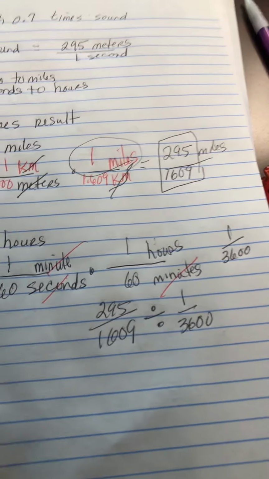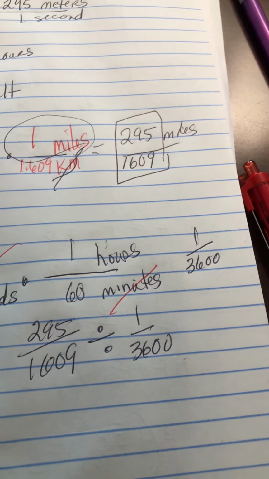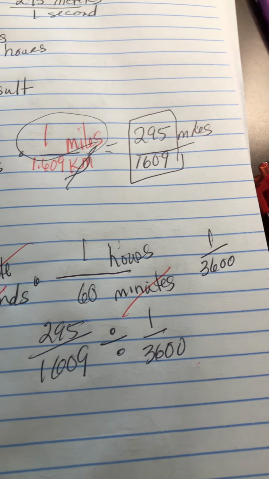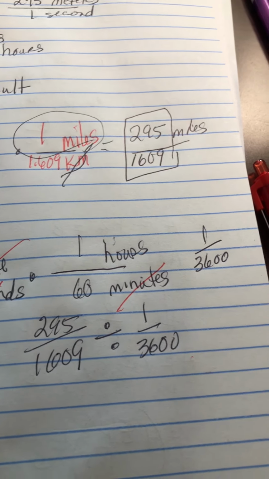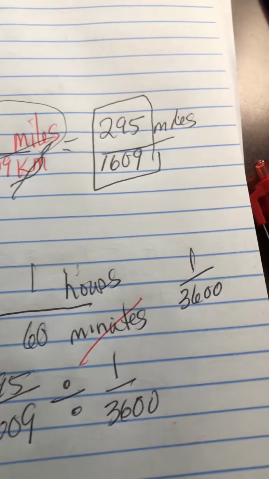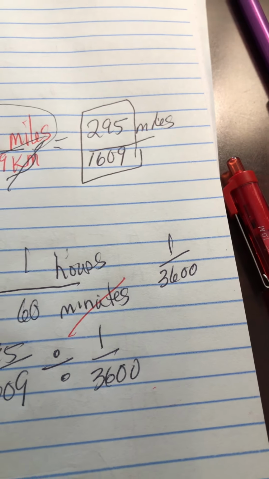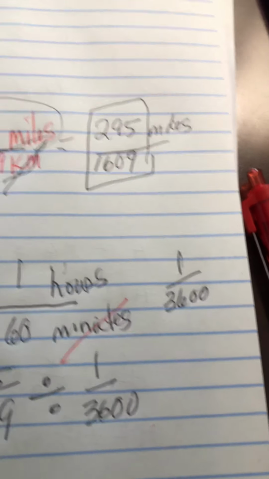Let me put that in my calculator: 295 over 1609 divided by 1 over 3600, which is the same as multiplying by 3600, by the way.